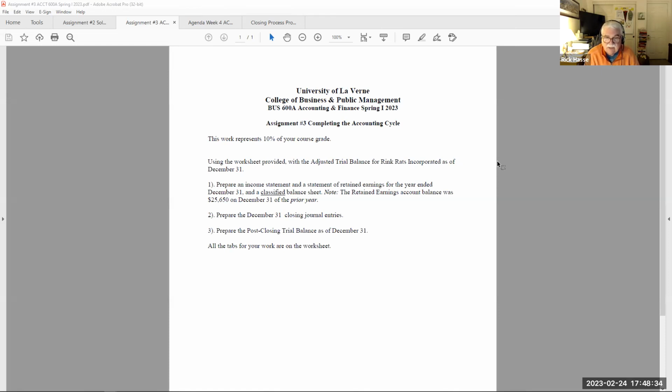Note the retained earnings account balance was $25,650 of the prior year. So that's the balance coming forward into the new year for your retained earnings statement. Then I would like you to prepare the journal entries for closing the books and the post-closing trial balance for this company.